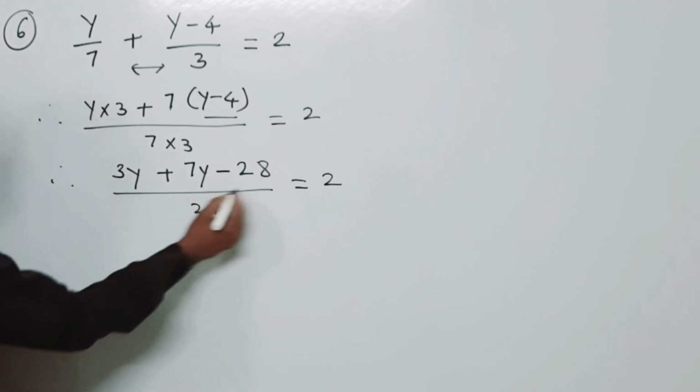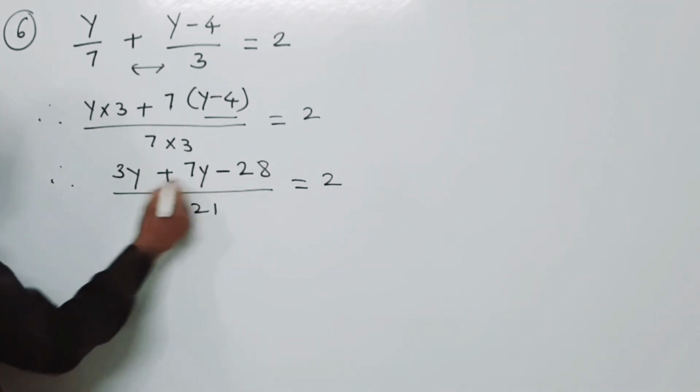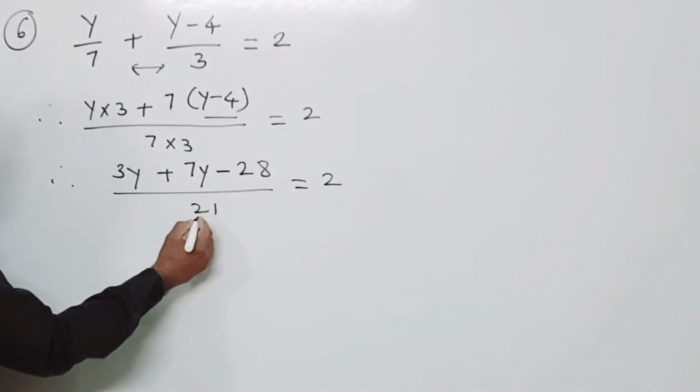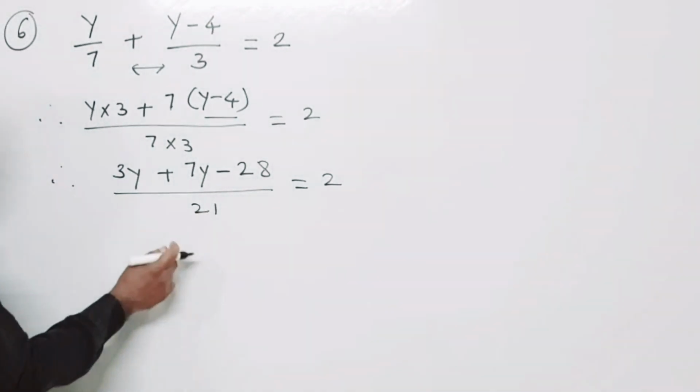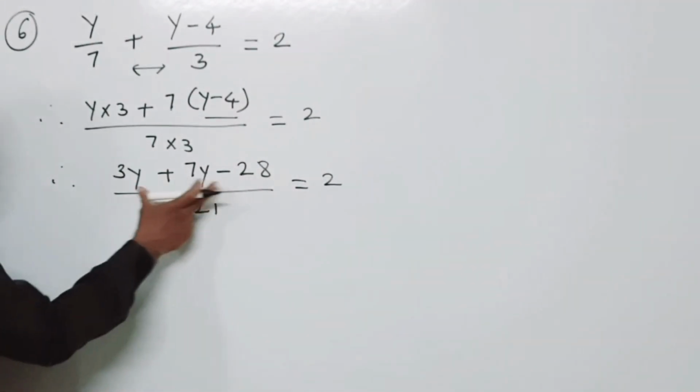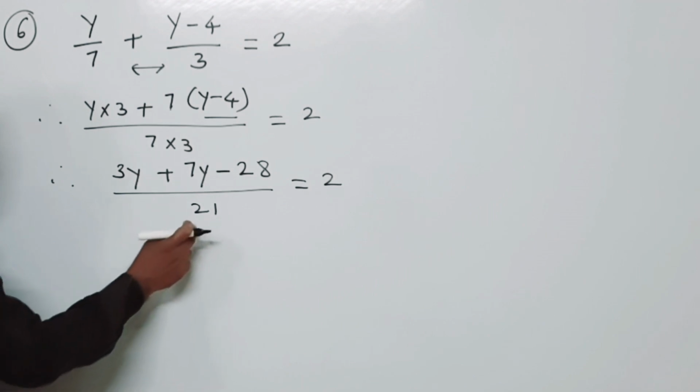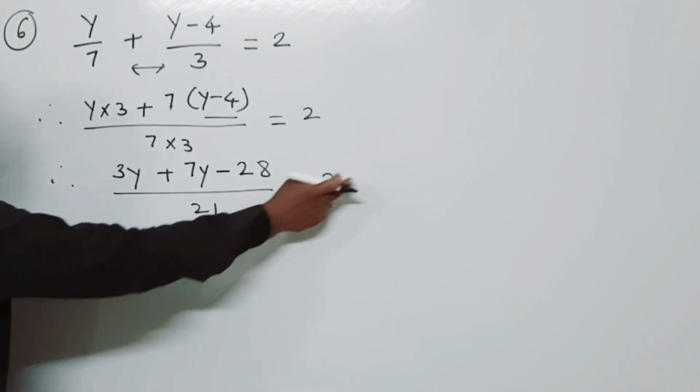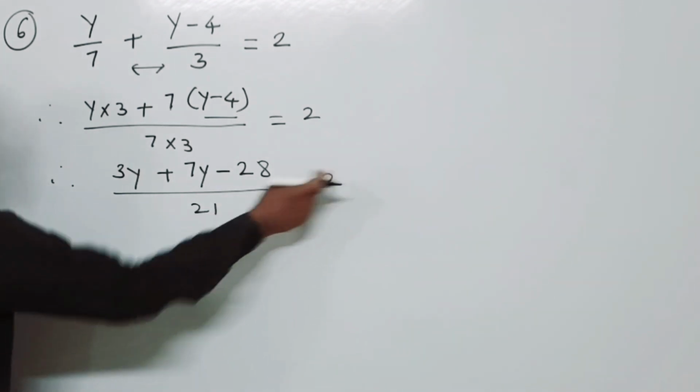Now on the left hand side, this is the numerator and 21 is the denominator. So this term is divided by 21 on the left hand side. Now 21 will go to the right hand side, where it will get multiplied.